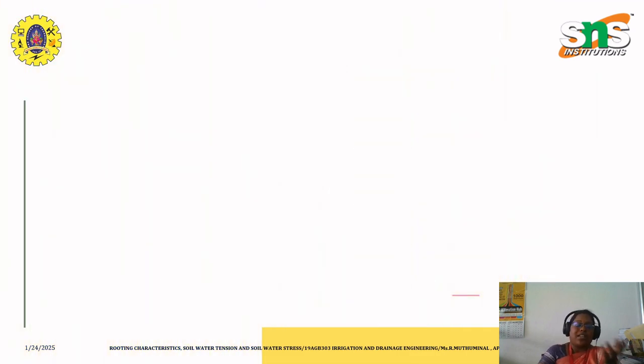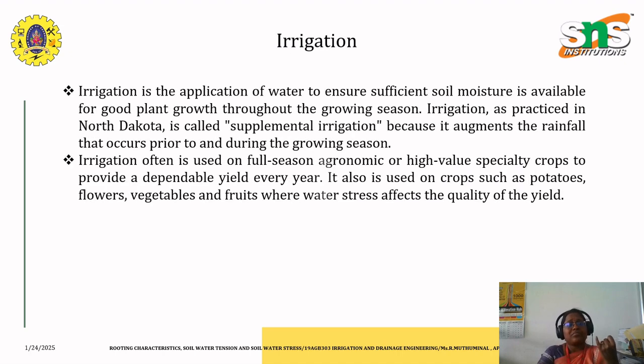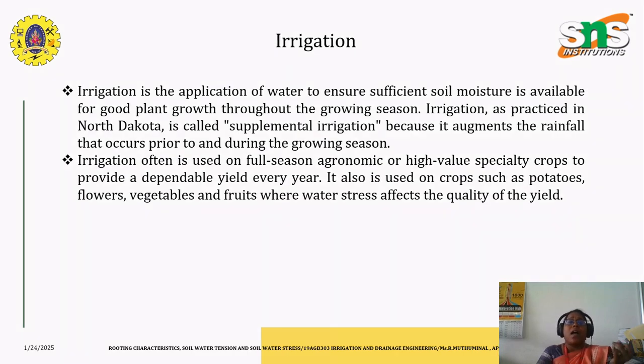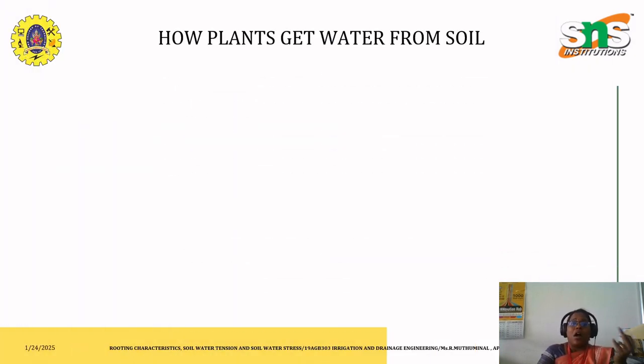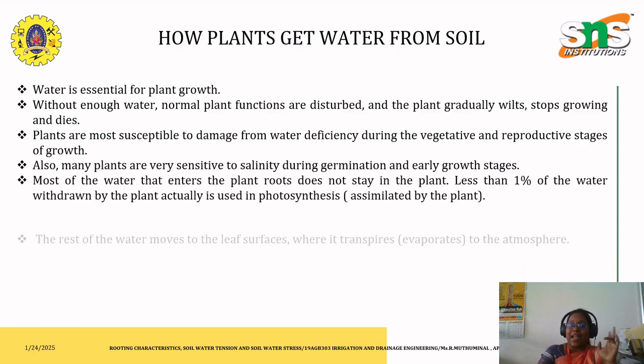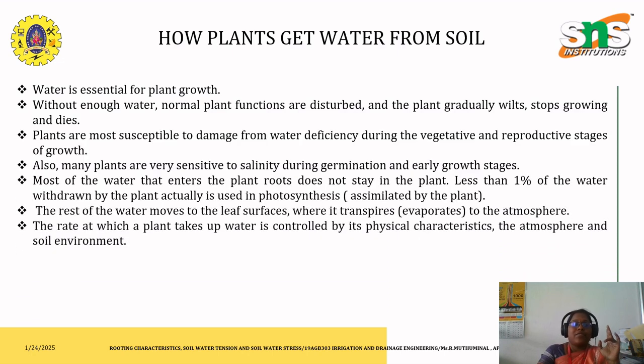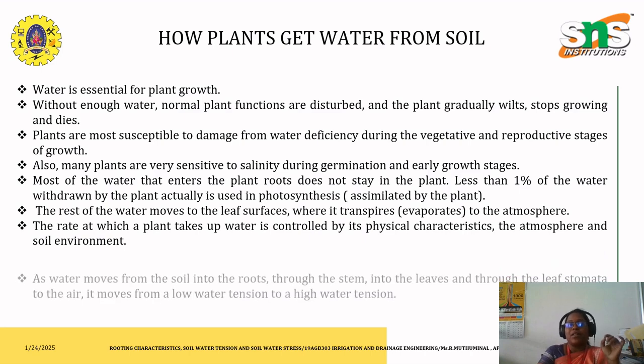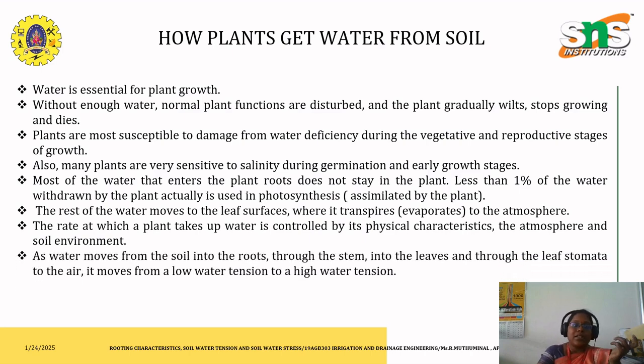Before going into the session, let us have a small recap of what we have seen in the previous class. We have seen what irrigation is, how irrigation impacts a good quality yield, and how plants get water from soil. For example, plants are very sensitive to salinity during germination and early growth stages.